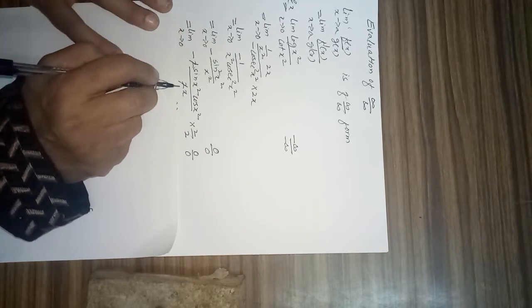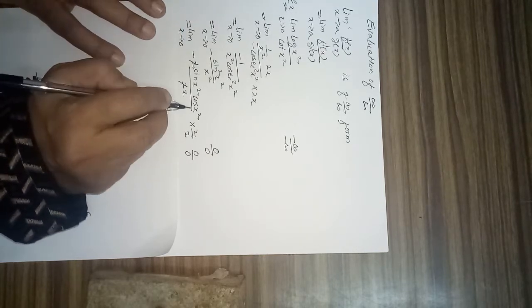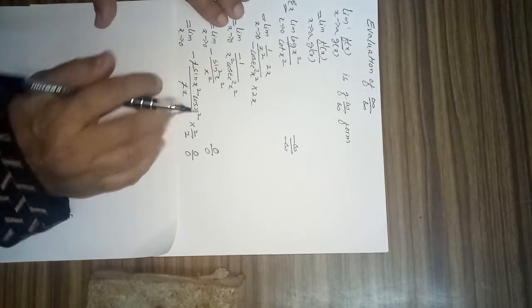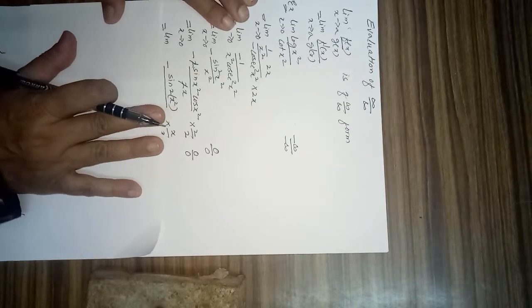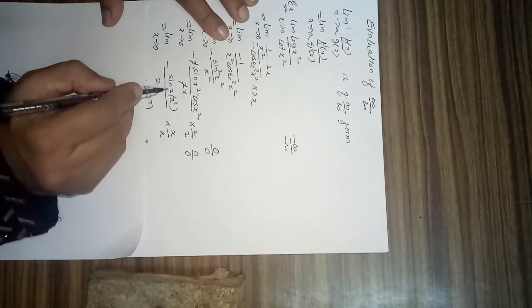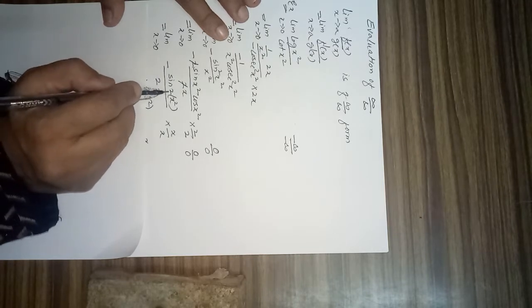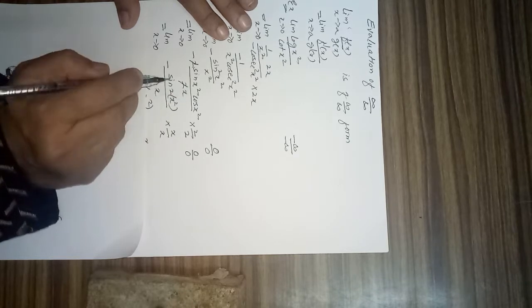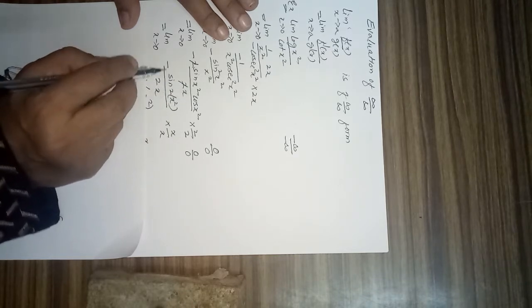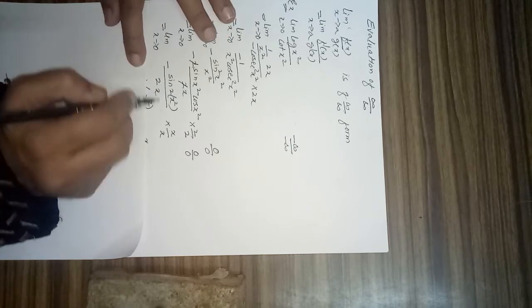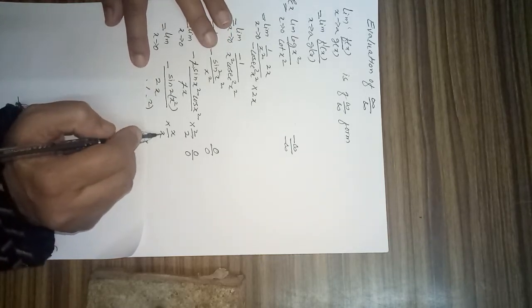This 2 cancels, there remains sine x square cos x square divided by x, which is again 0 by 0 form. Next I am converting this into sine 2 theta form, minus sine 2x square divided by x.